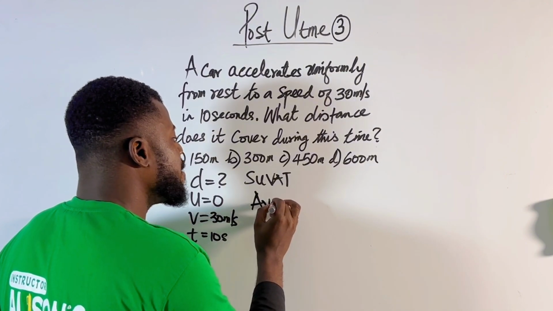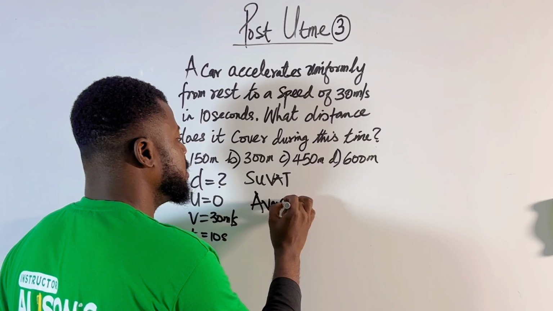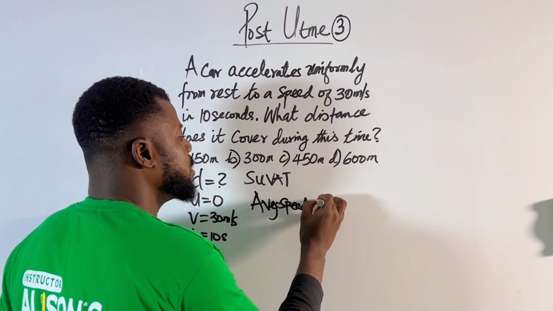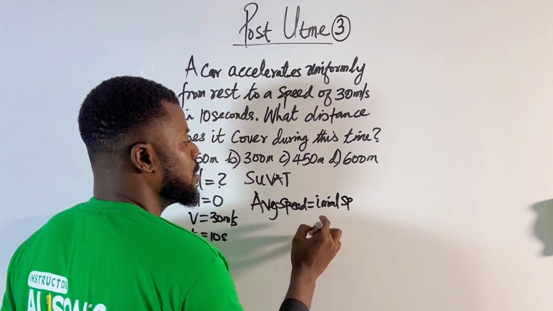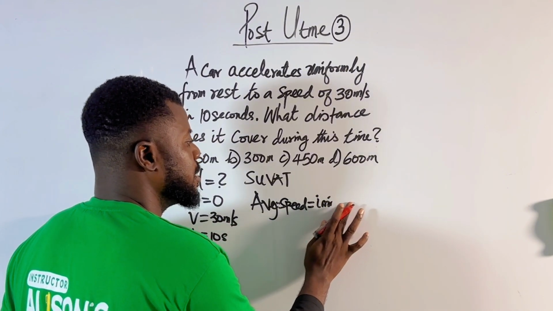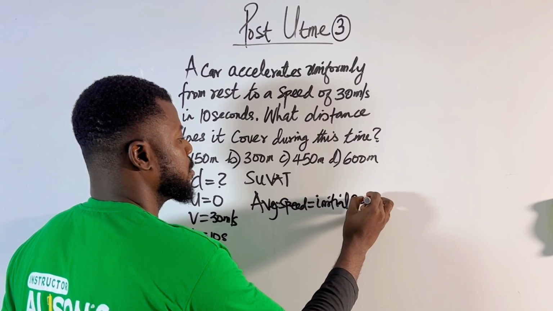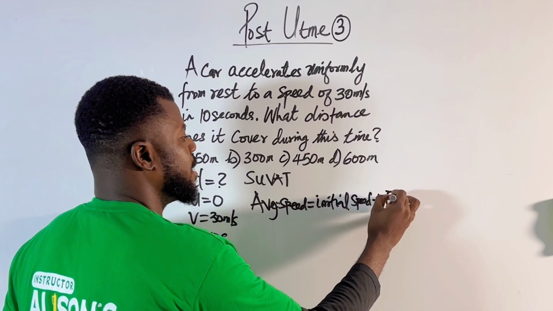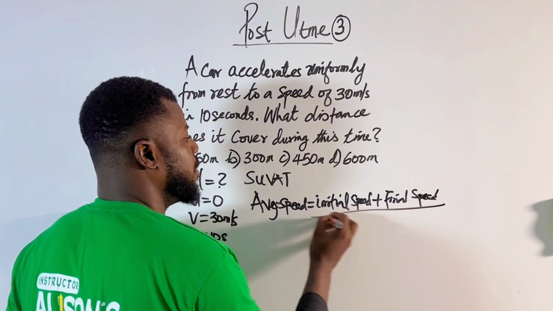Average speed now always is initial speed plus final speed, divided by 2.